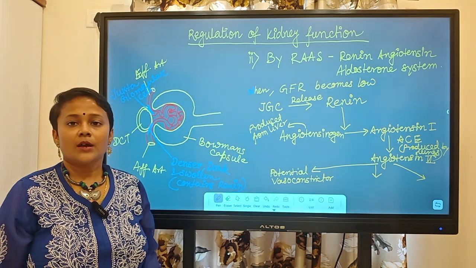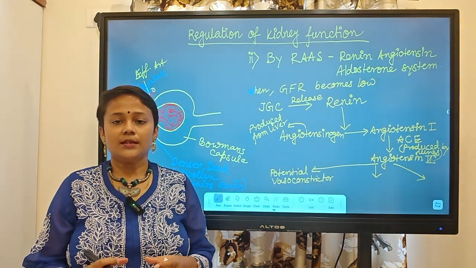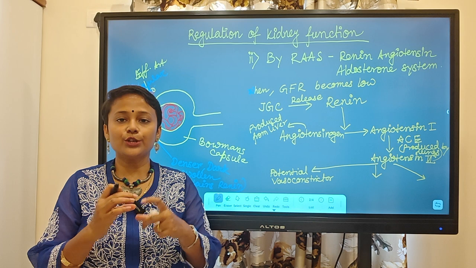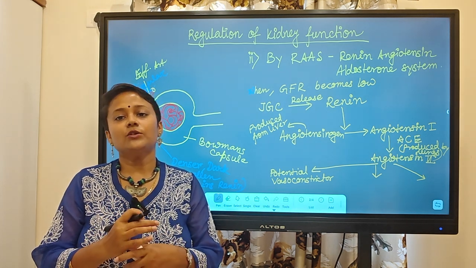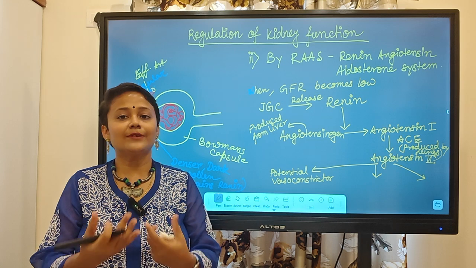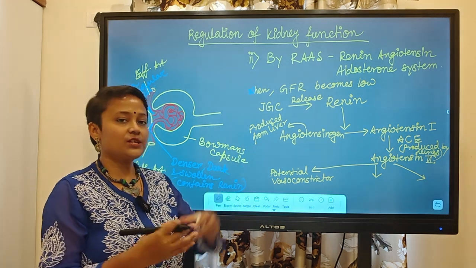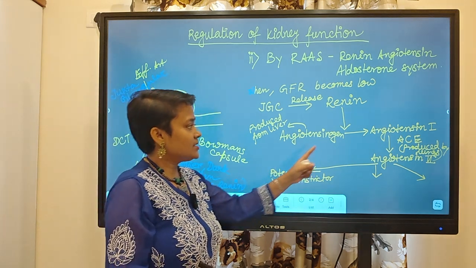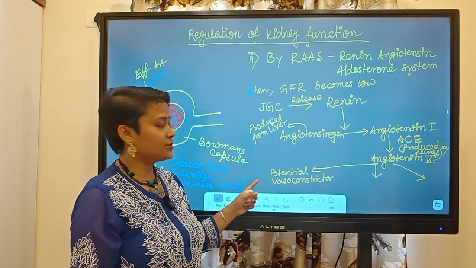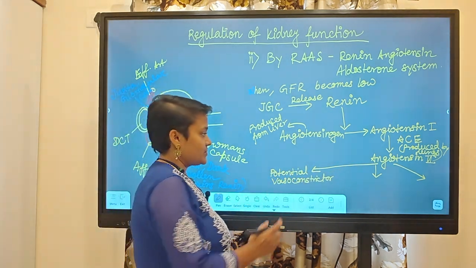What does it mean? Vasoconstrictor is a substance which can reduce the diameter of the blood vessels. So if the diameter of the blood vessels is reduced, pressure will increase. So if the pressure increases, then GFR also will increase. So first, angiotensin 2 is a potent vasoconstrictor.